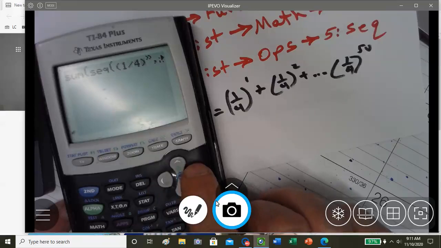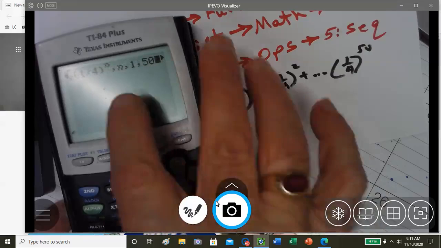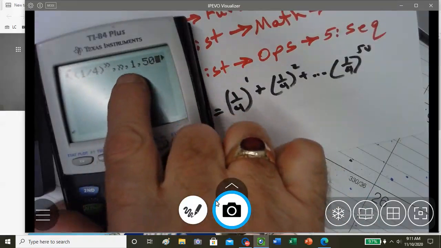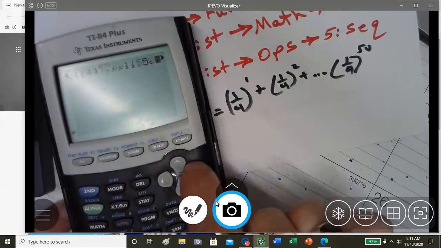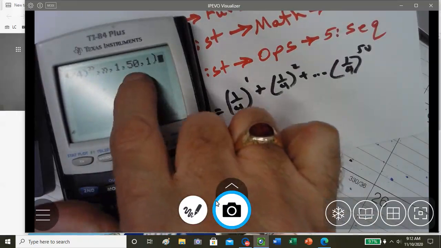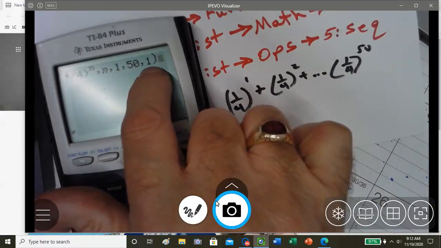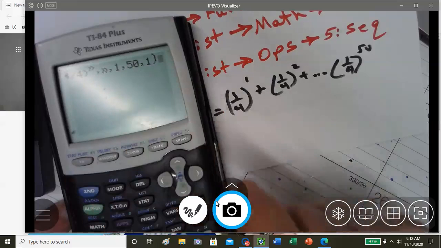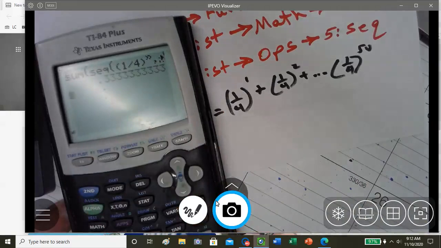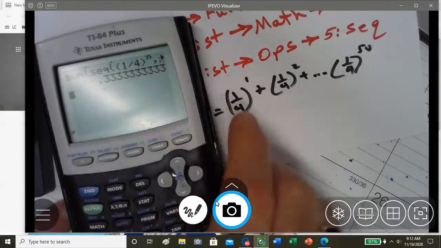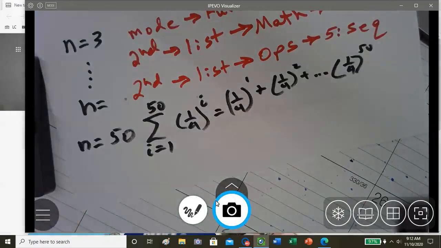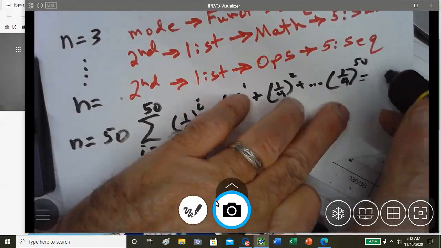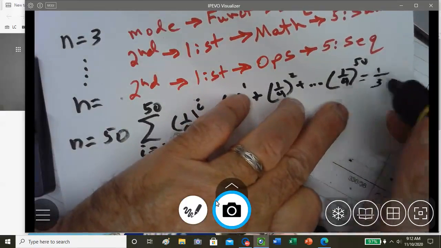Okay, so again, here's our variable, starting sequence, our start and our finish, completion, where n is, and then our steps or sequence is 1. So we hit enter, and we get 1/3 equals 0.3 repeating, or 1/3.